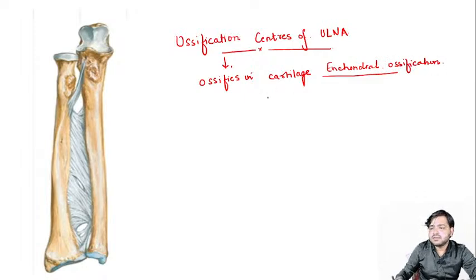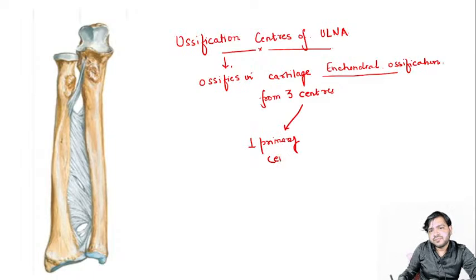Remember that it is from 3 centers. One primary center that you will find in the shaft region. Okay, one primary center, and it is present in the shaft.